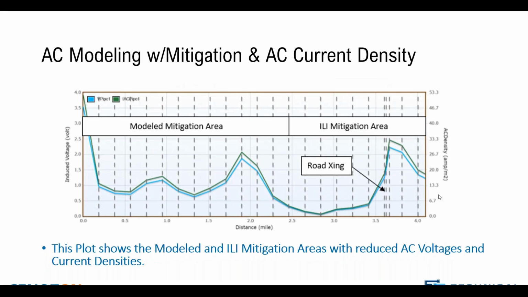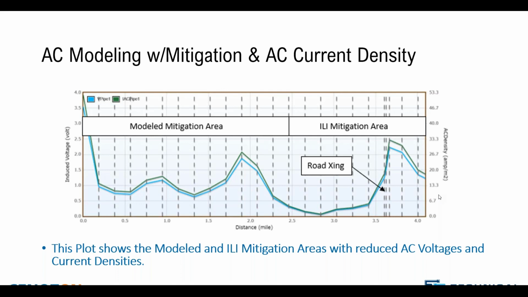So when you model, and then take care of the other side, now we have a different story. Now it looks like we've got something under control, where instead of running 60, 70 volts, we got it down to 3 or 4 volts. We got the current density, not quite, less than 30 amps per meter squared, but 30 amps per meter squared is very conservative.